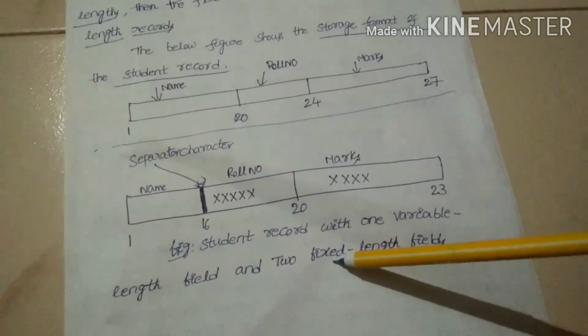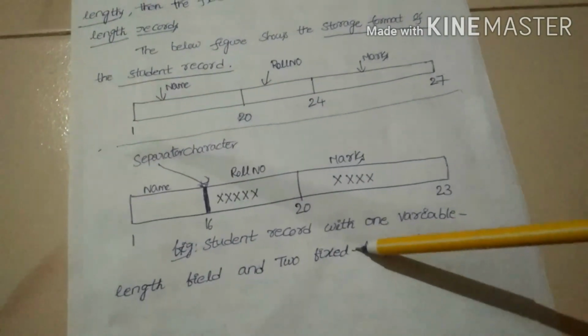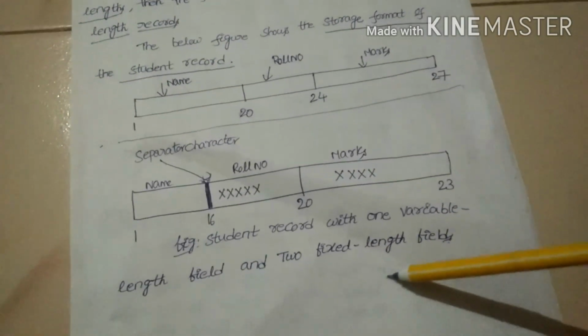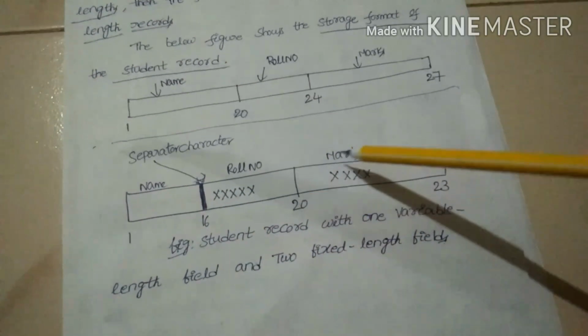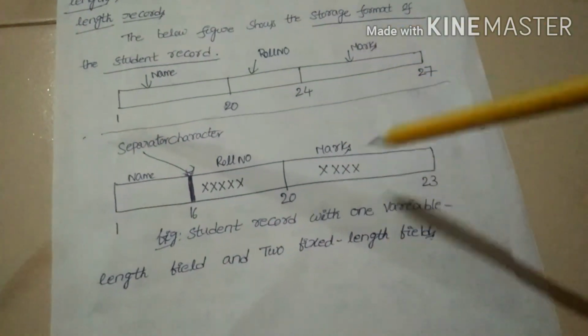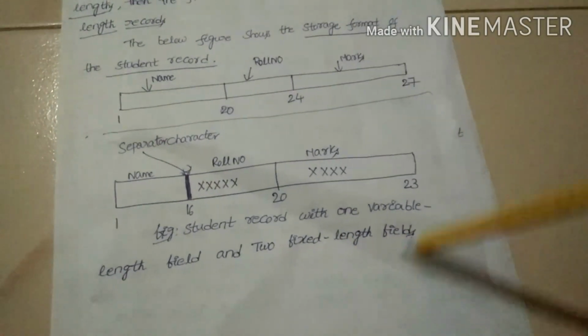This figure shows the student record with the name as a variable length field, and roll number and marks as two fixed length fields.